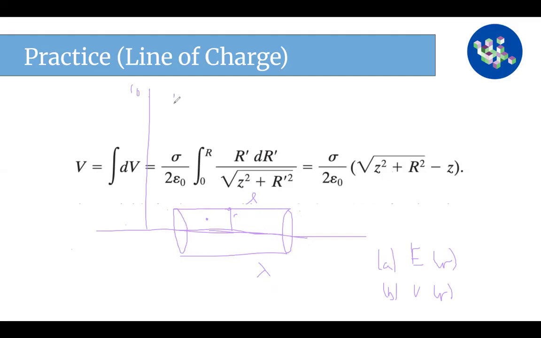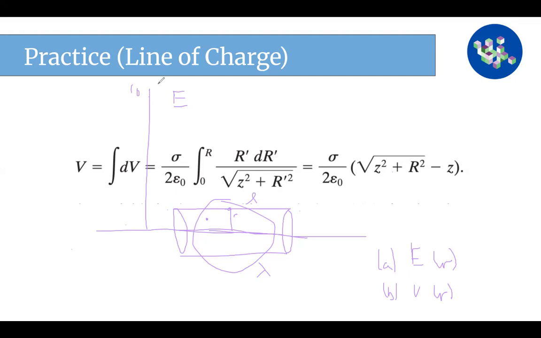So we have E, because we're looking at this surface over here and it's radially symmetric. So all points on the surface are the same perpendicular distance away from the wires.